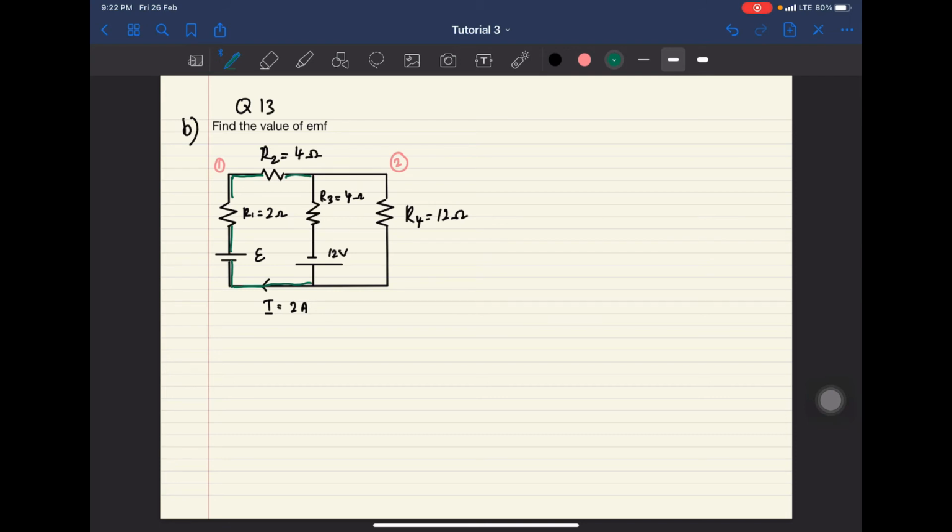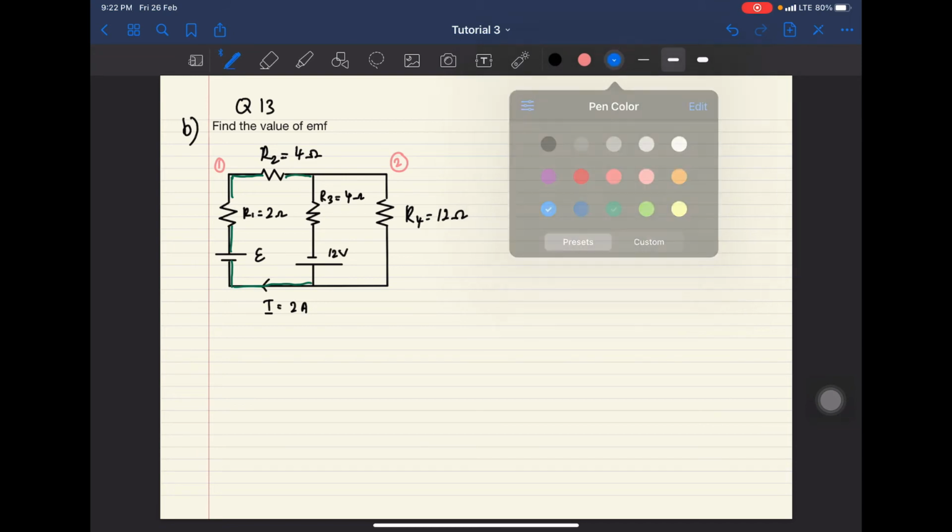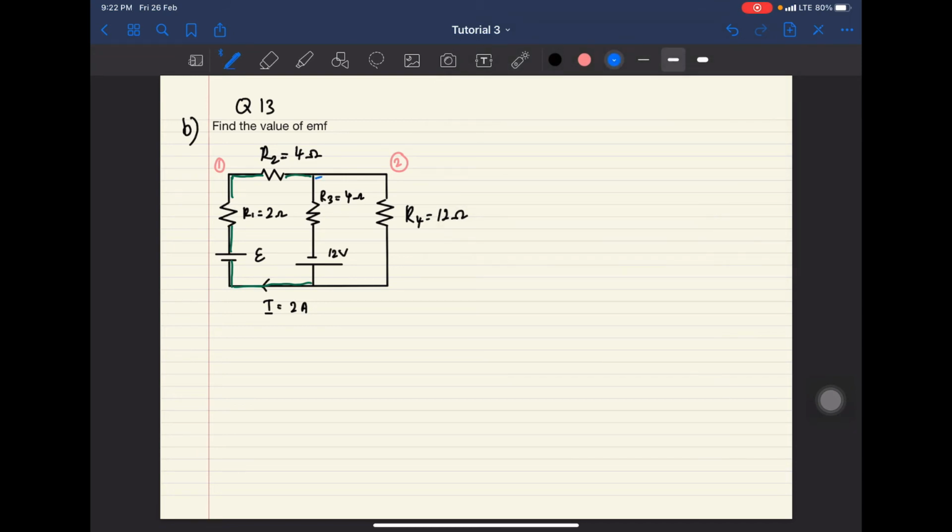And then this one is another I. Okay, maybe I label this one as my I1. Okay, I2 kot. Yang dekat sikit tu saya pakai I1. And this one yang the middle here, I use I1. Okay, I haven't determined the direction yet. Okay, I just leave it like that.